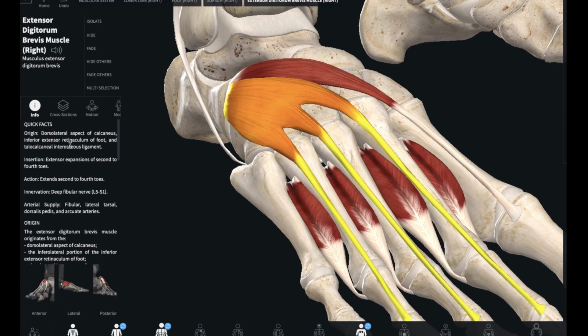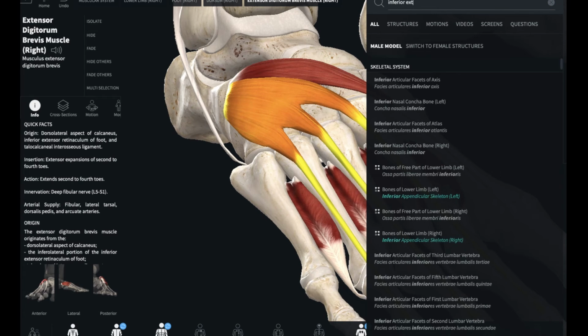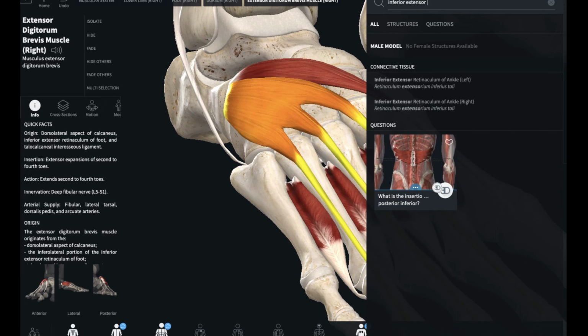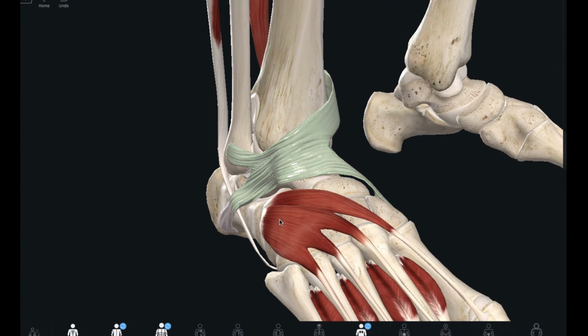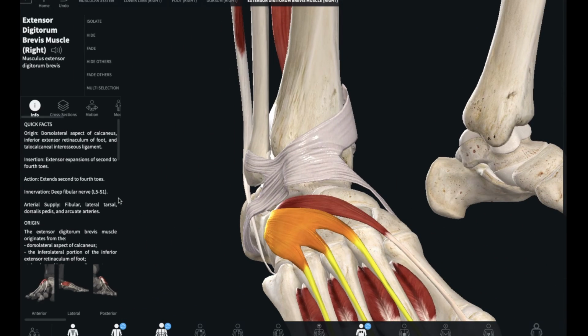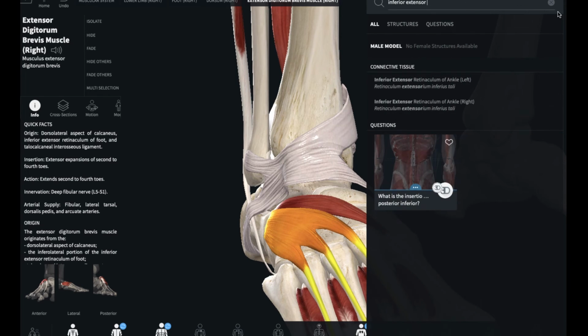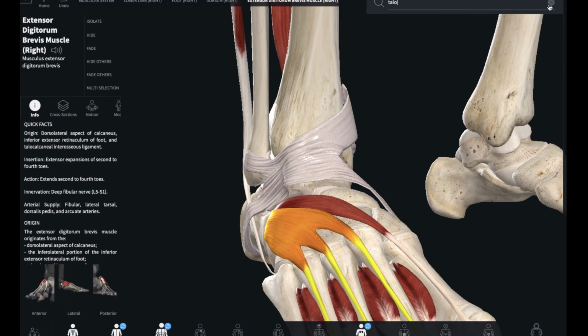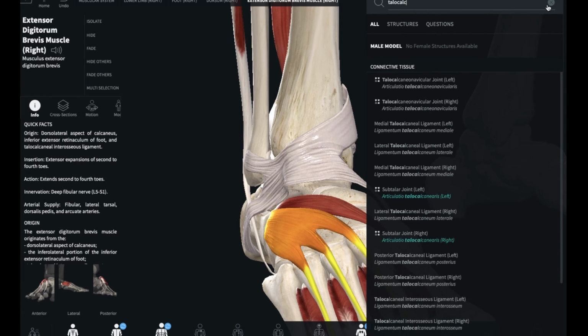Now, inferior extensor reticulum. Okay, so somehow this is an origin. And talocalcaneal interosseous ligament.